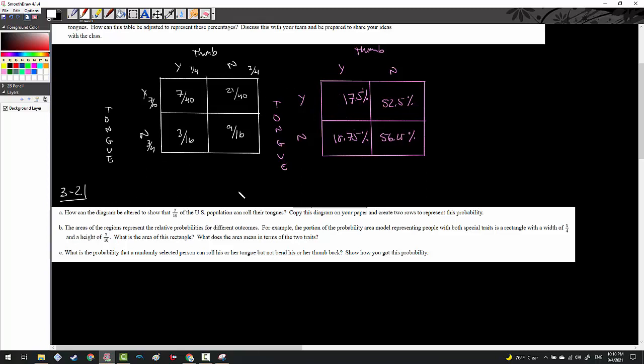In part A, it reads, how can the diagram be altered to show that 7/10 of the population can roll their tongues? And copy this diagram into the paper and create 2 rows that respect this probability. What they're asking you to do in part A is not draw the purple diagram or the white diagram where all 4 boxes have physically equal area.